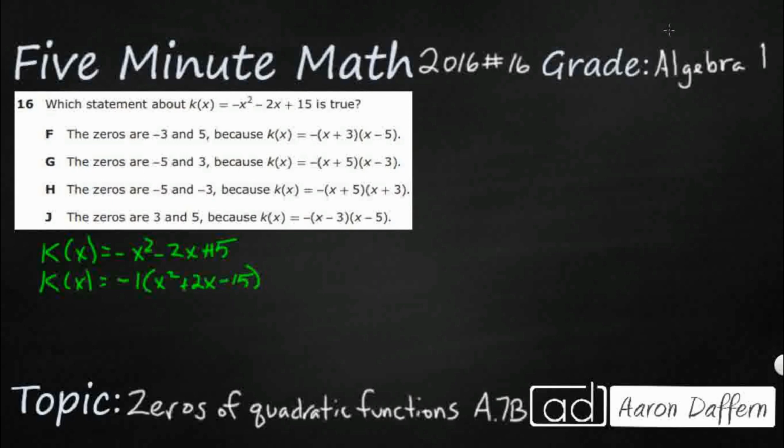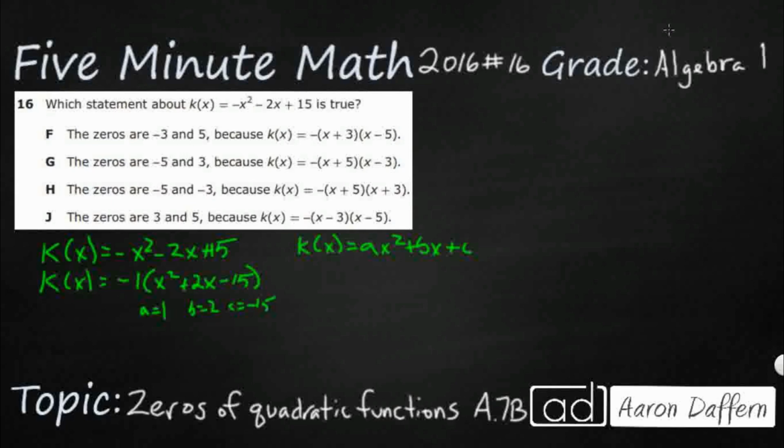And this is our standard form, right? Remember, our standard form is k of x equals ax squared plus bx plus c. So that means our a is going to equal 1, remember, we factored it out, b equals 2, and c equals negative 15. Well, how does that help me?